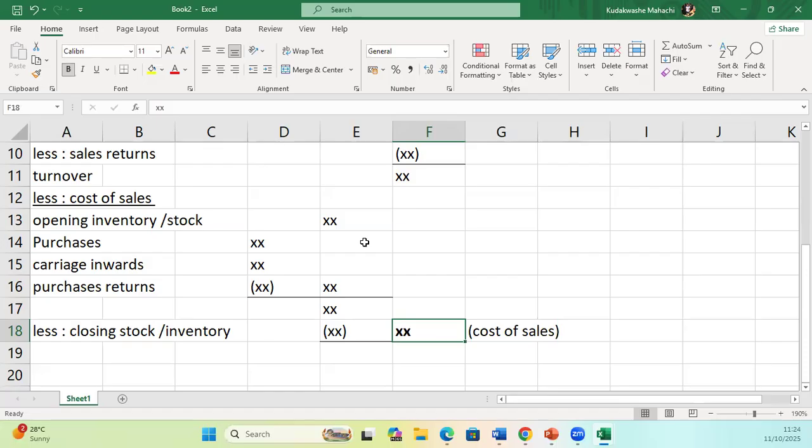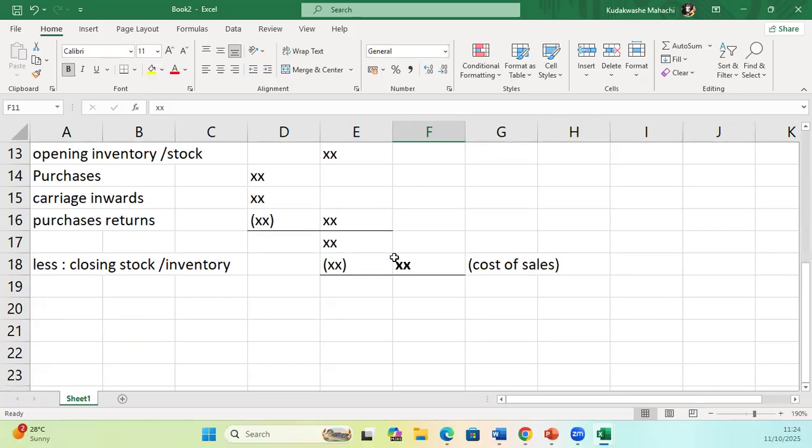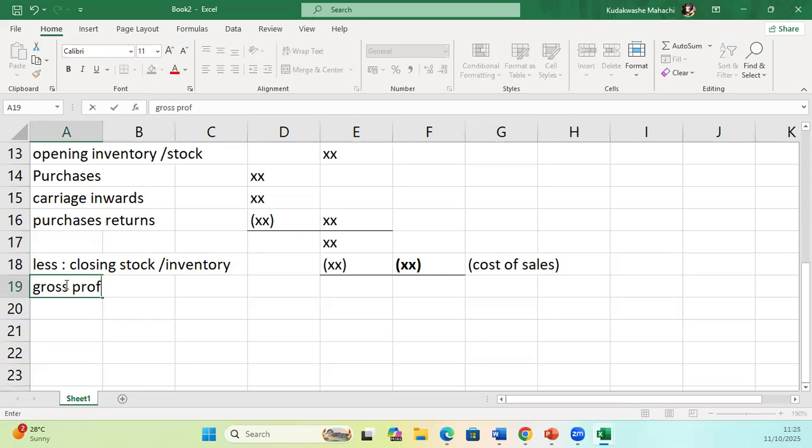So this figure I'm highlighting here represents the cost of buying and transporting the goods we sold. If you say the sales less the cost of buying and transporting the goods, we then get what is called the gross profit. So if we say the selling price less the cost of buying the goods and transporting them, what we get is called the gross profit.